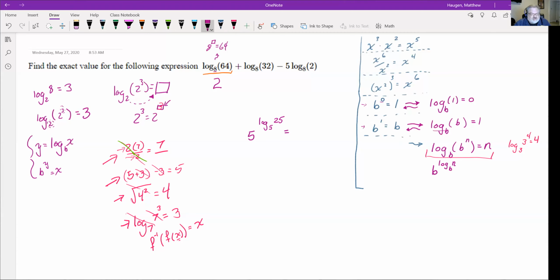What should that equal? What should that equal? Who's going to be brave? I know you guys are brave.